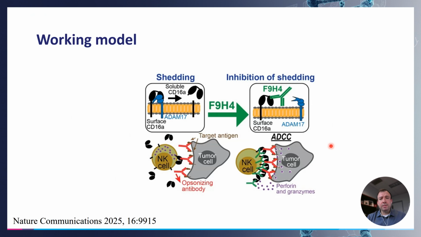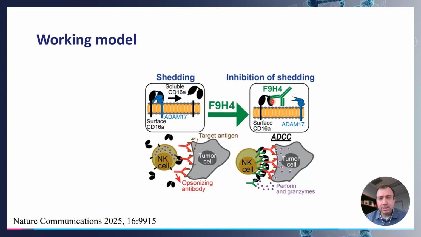So the working model for this project is that ADAM17 cleaves CD16A from the cell surface, and there are many studies showing that this reduces the ability of NK cells to engage with the Fc of opsonizing antibodies. So this is a mechanism that could prevent ADCC. But we developed a monoclonal antibody, F9H4, which binds to CD16A.